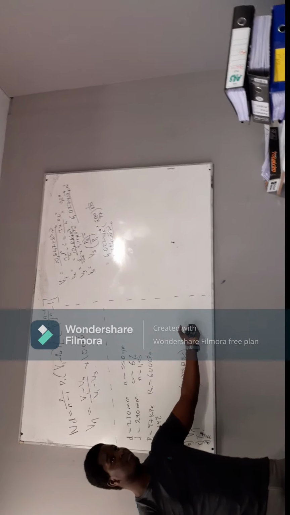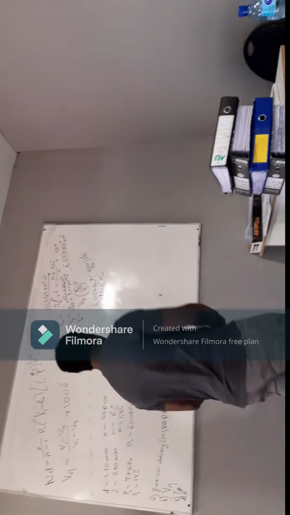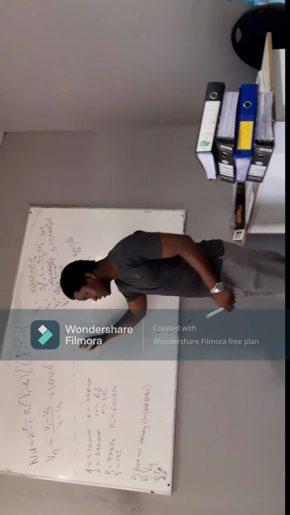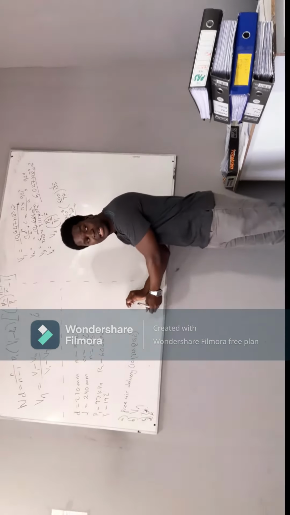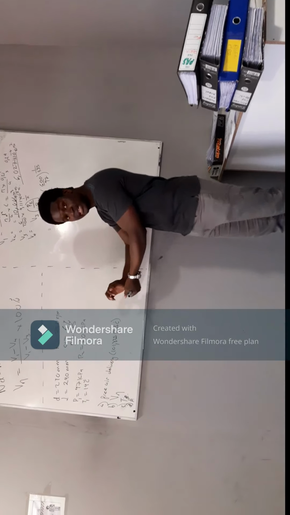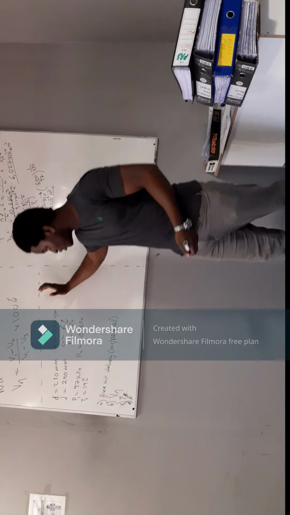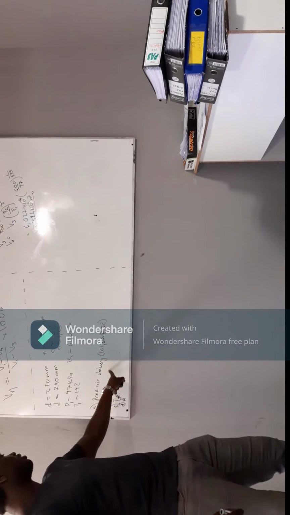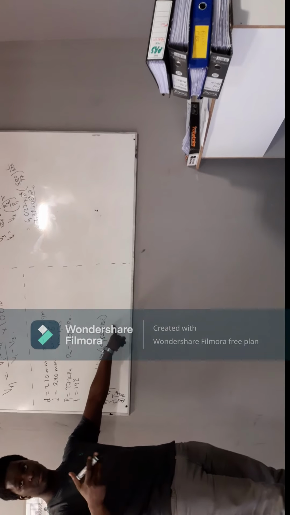Are we together? These are the delivery conditions, and then we have our intake conditions here. So the only thing left is to calculate the delivery volume according to the delivery conditions that are given.